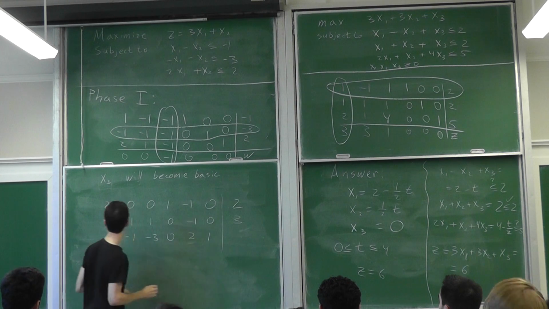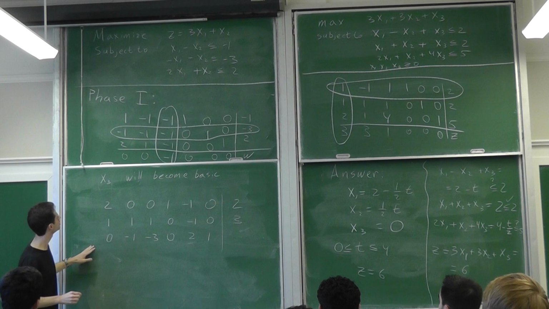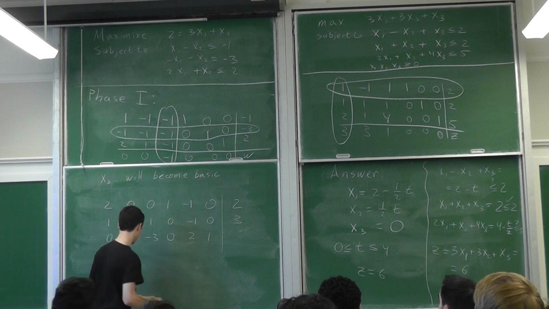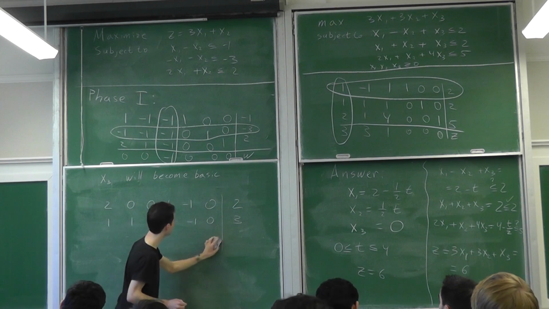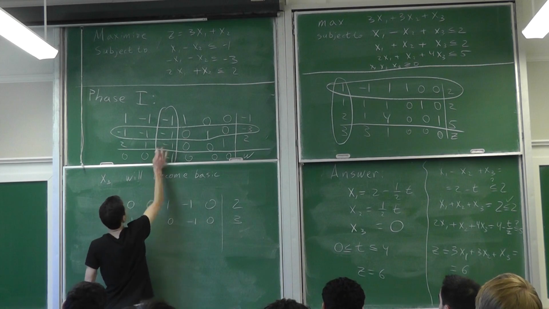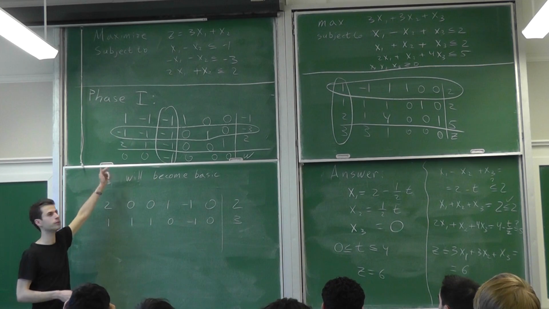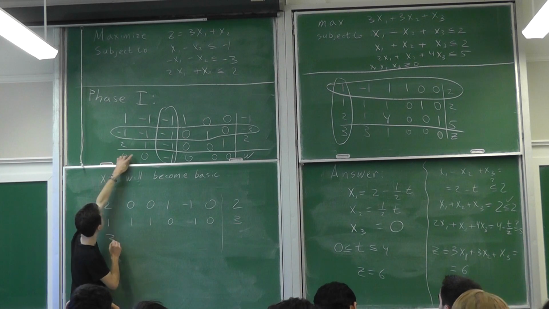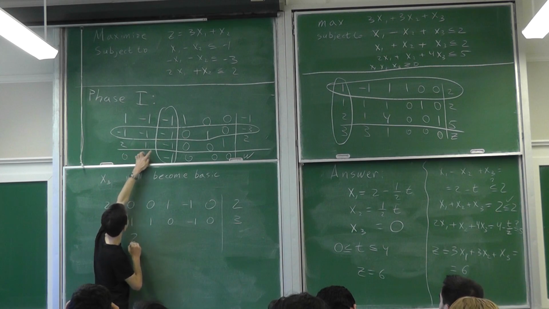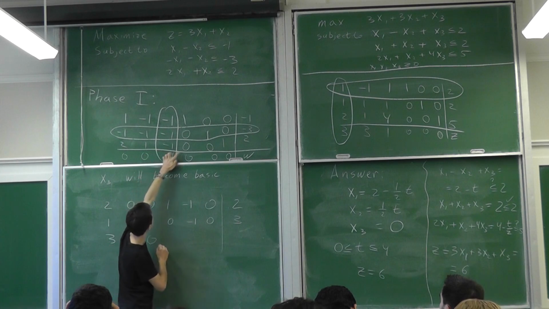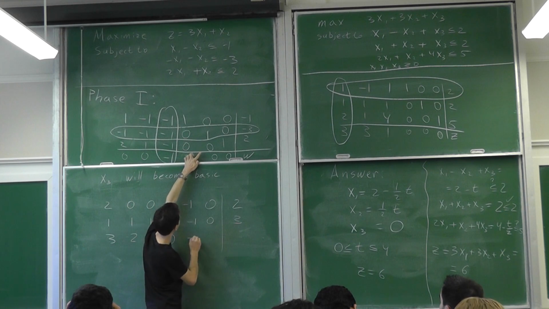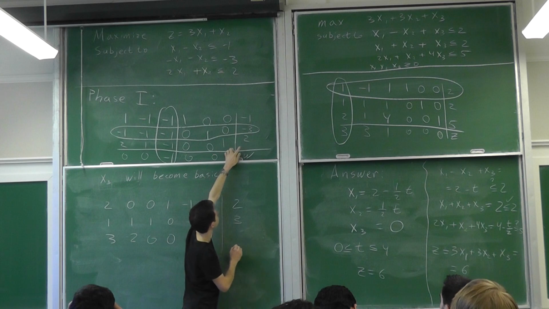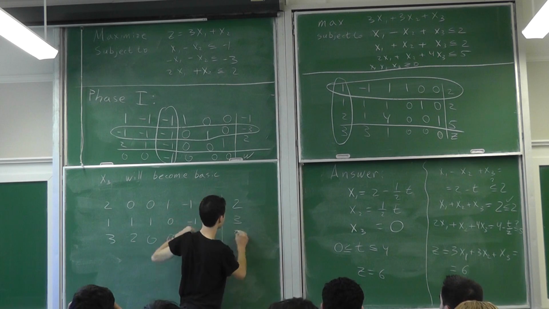Oh, wait a minute, sorry. I want to make this coefficient 0, so I'll just subtract the second row. So it is 3, 2, 0, 0, minus 1, 1, 2, minus 3, 5.